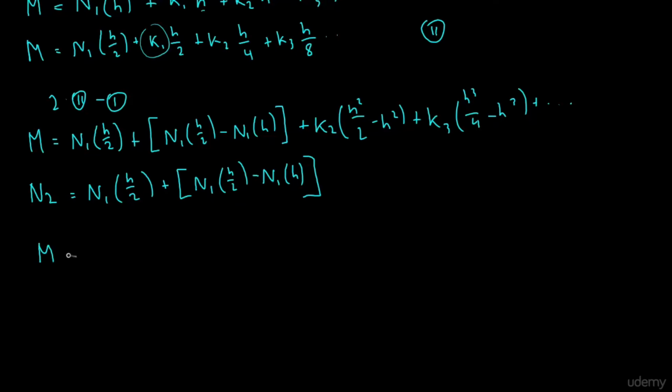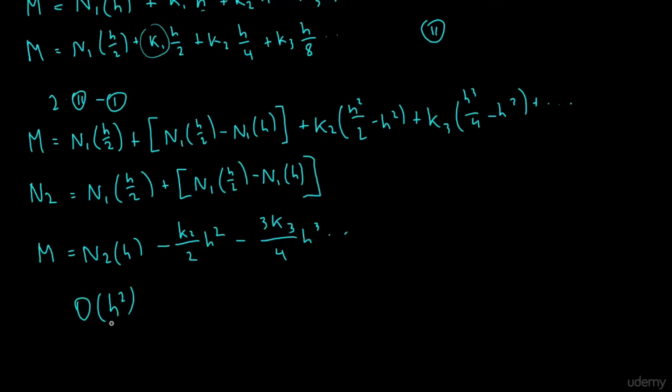Essentially we have m now equal to N2 of h minus k2 over 2 h squared minus, if you really must have the other terms, 3 k3 over 4 h cubed, and so on. So we have an order h squared approximation, which is what we wanted in the first place.